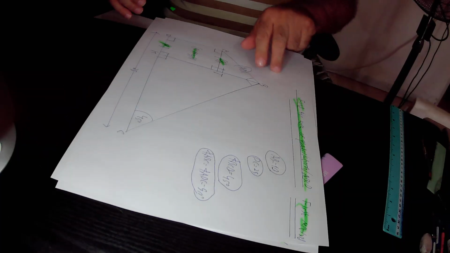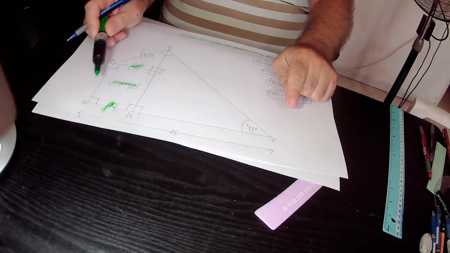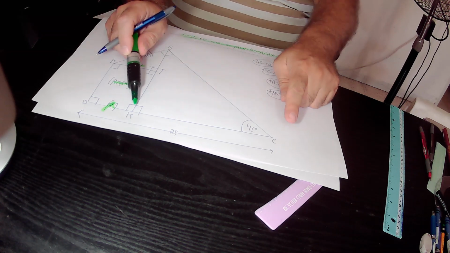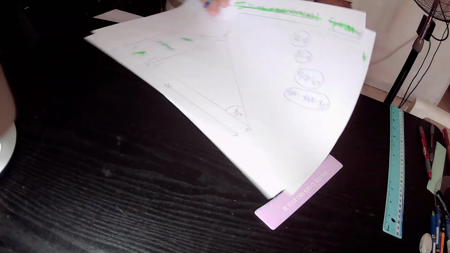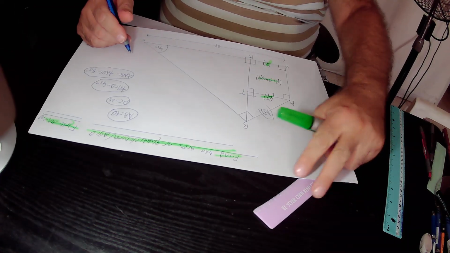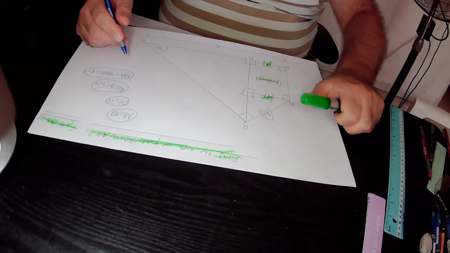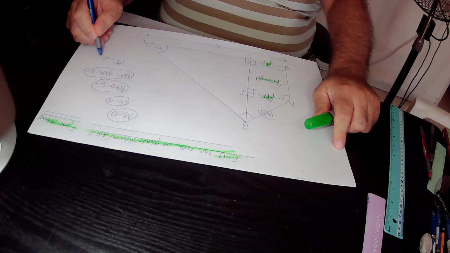What is the length of the missing segment KC? KC equals DC minus DK. Again, KC equals DC minus DK. So write it down. KC equals DC minus DK.